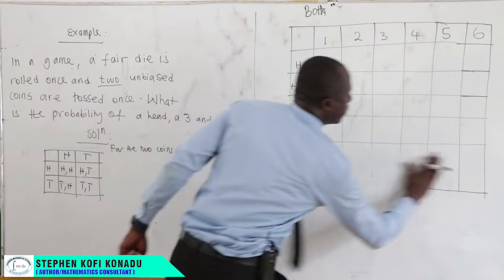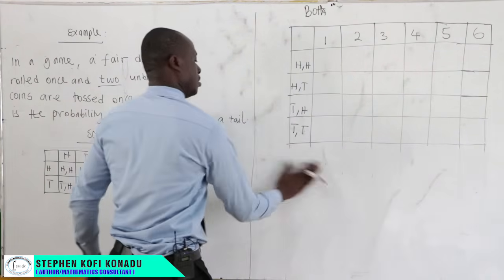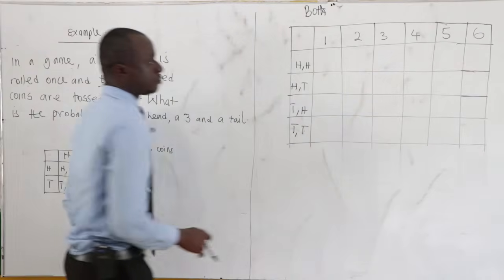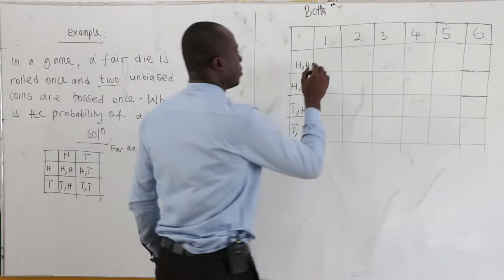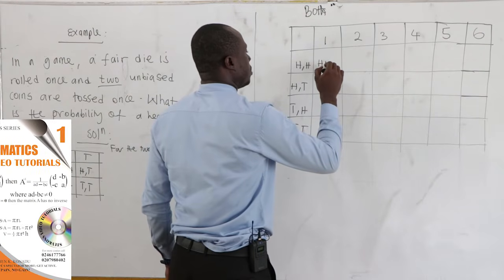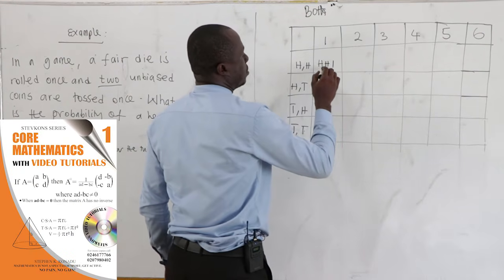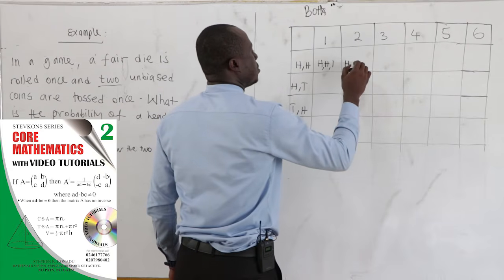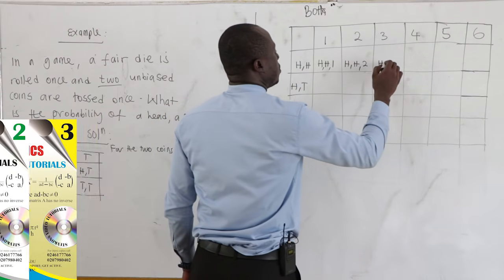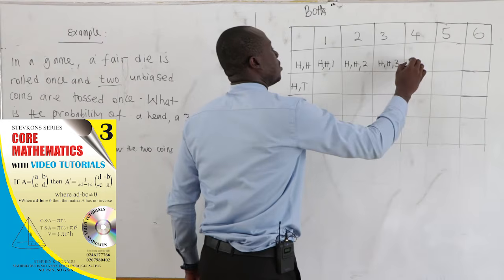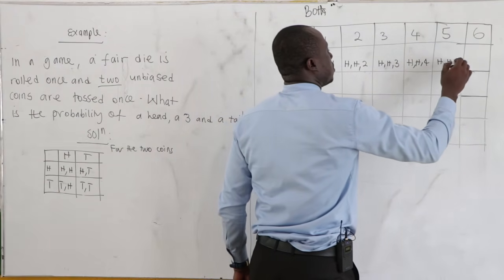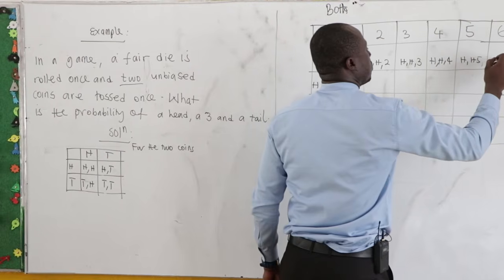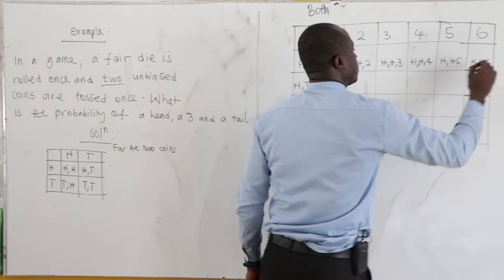So the events here will be H1, H2, H3, H4, H5, H6.